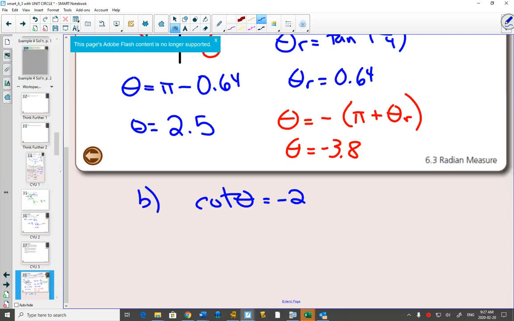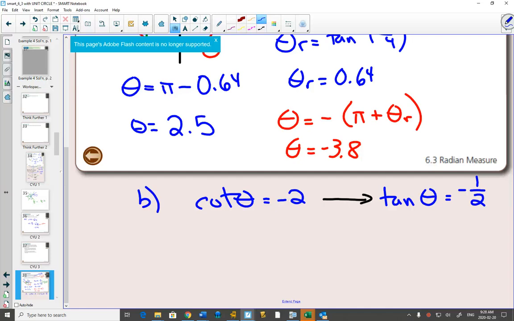Now, I'm going to tell you that you will go directly from this, cotangent equals negative 2, to saying I know that tangent is equal to negative 1 over 2, the reciprocal. So if cotangent's 2 over 1, tangent would be negative 1 over 2.